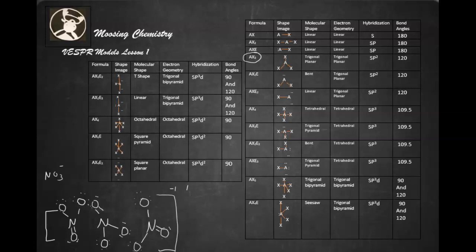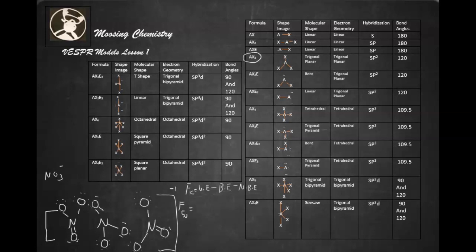So let's do formal charge. Formal charge equals valence electrons minus bonding electrons minus non-bonding electrons.